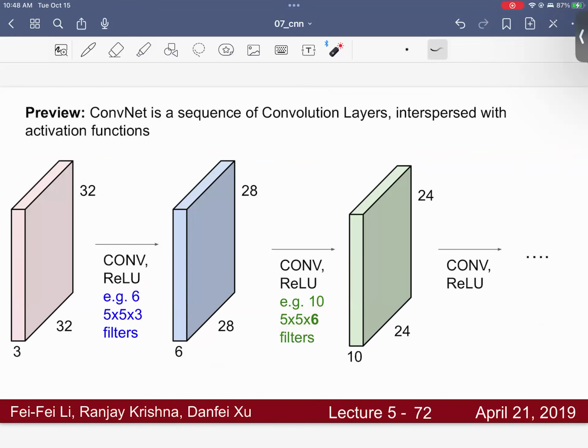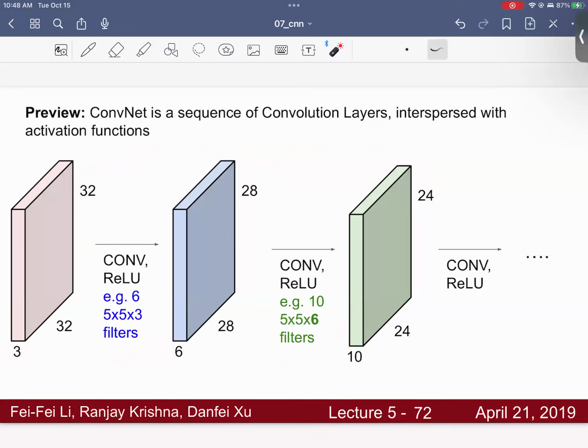The innermost dimensionality has to match the input depth, right? So if this is 6, this has to be 6. So you're using a 5 by 5 by 6 filter, but how many filters? You're using 10 filters now. So your output will be 10 deep, and your spatial dimension would be contracted a little bit further. So 32 to 28, 28 to 24, but your depth is 3 to 6, 6 to 10.